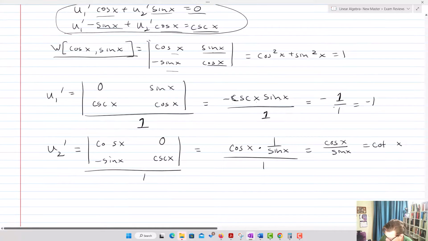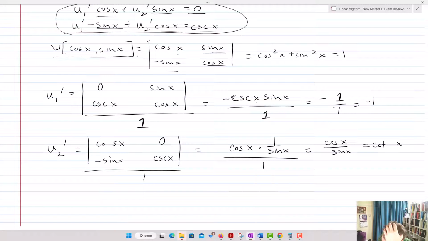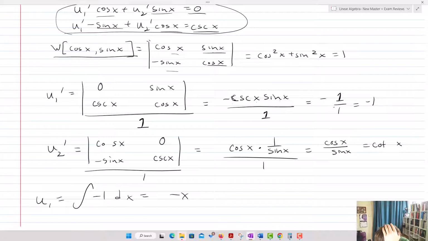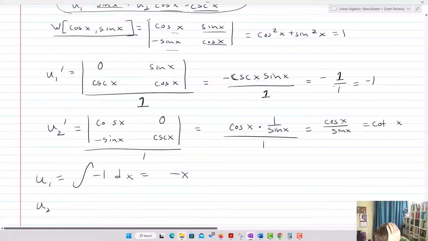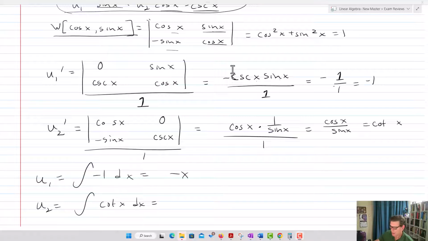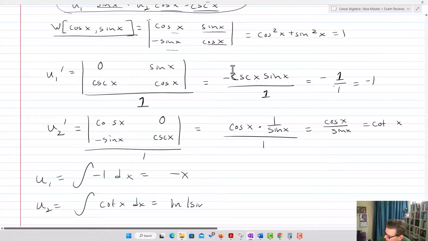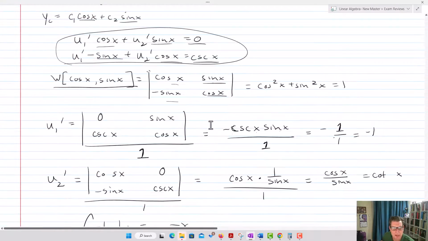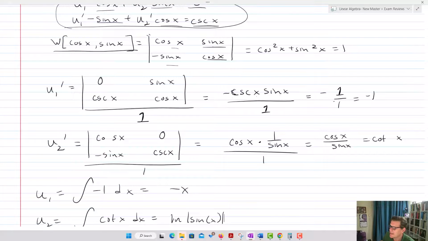So now I need to find u1 and u2. So u1 is going to end up equaling the integral of negative 1 dx, which just equals negative x. And then u2 is going to equal the integral of cotangent x dx, which equals the natural log of sine x. So that's u1 and that's u2. What that gives me then is the solution to my system.